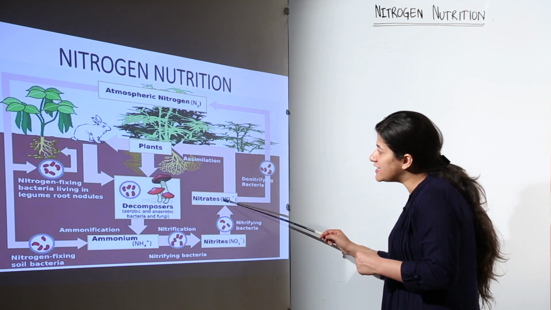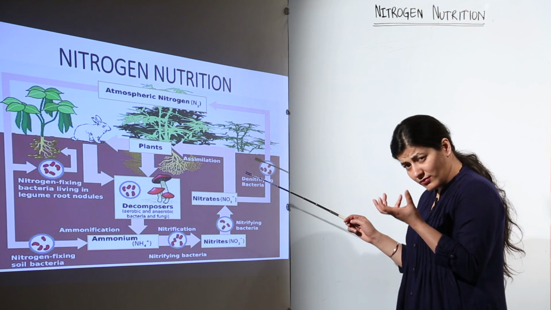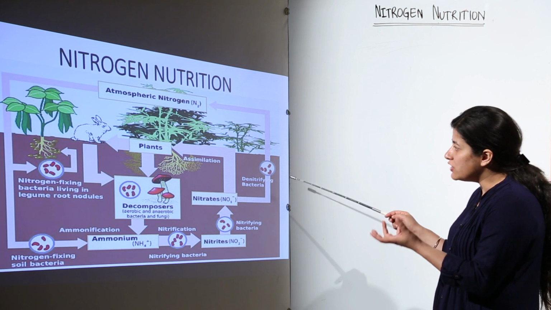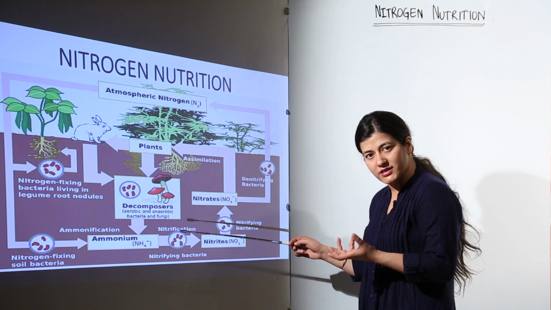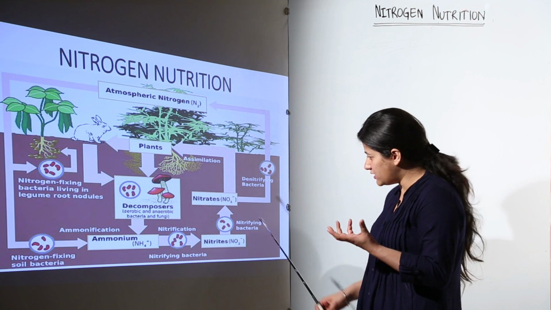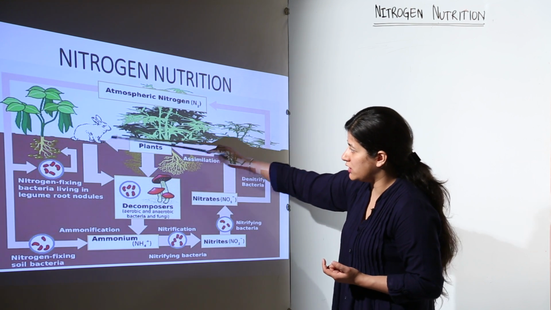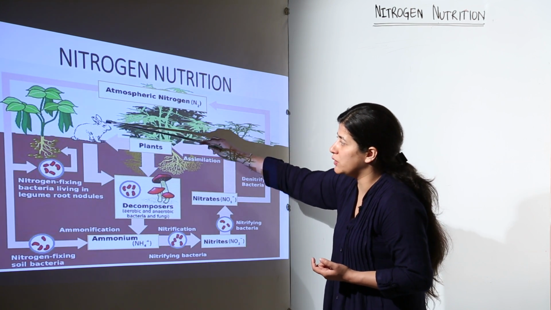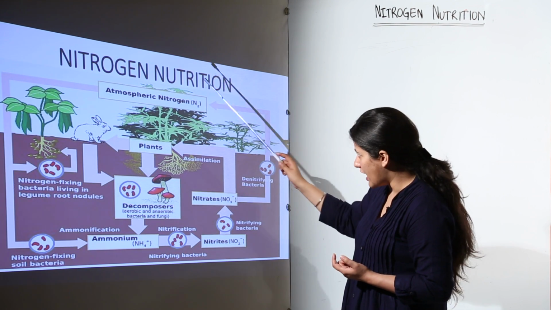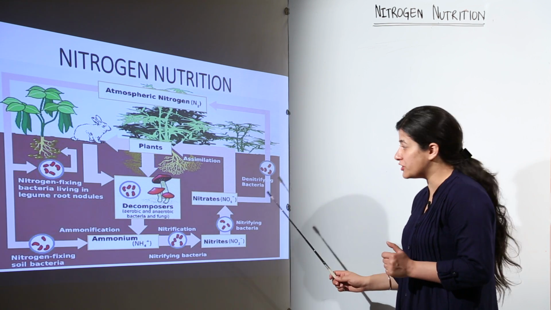These nitrates are taken up by the plants for various processes, and the plant would accumulate those nitrates into its various biomolecules, like amino acids and nucleotides, and as you can see, the entire biological world would thrive on nitrogen from plants. That is how crucial nitrogen nutrition is for the entire biomass production.